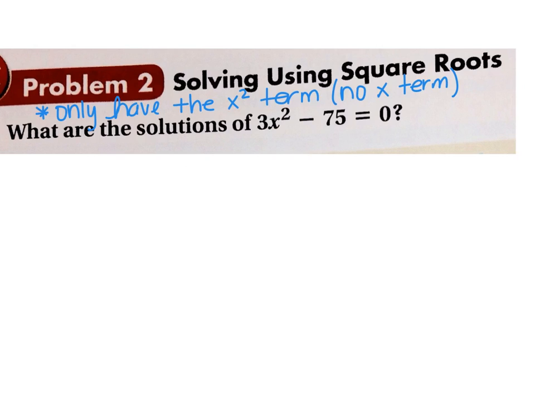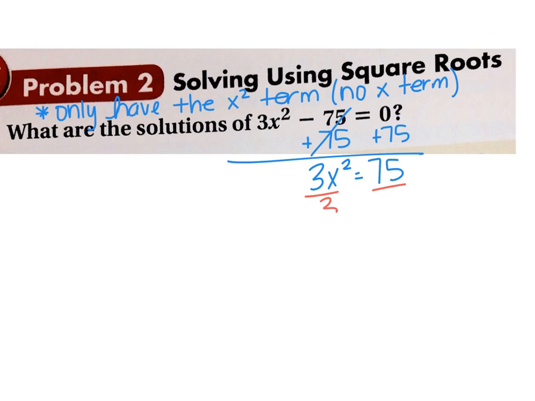Okay, so we only have the x squared term, so we're going to solve for x squared. So you're going to add 75. What you're trying to do is get x squared by itself. So you're left with 3x squared equals 75. Then you divide both sides by 3, and you get x squared equals 25.